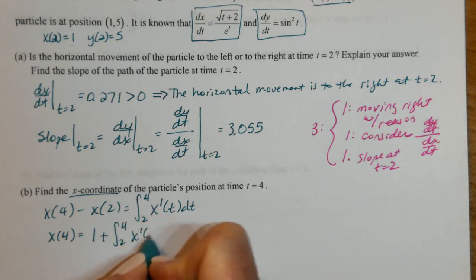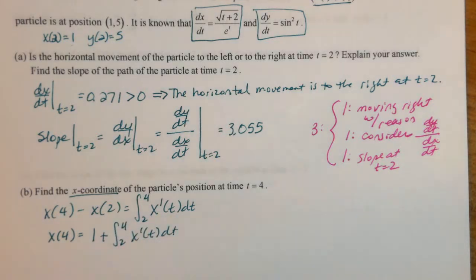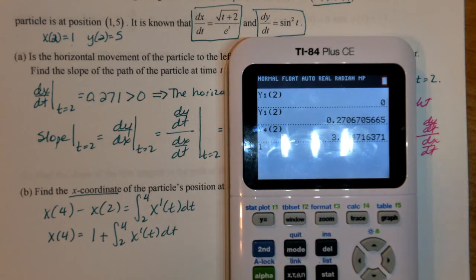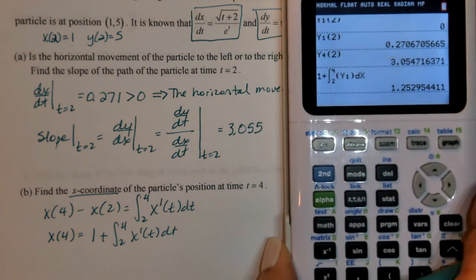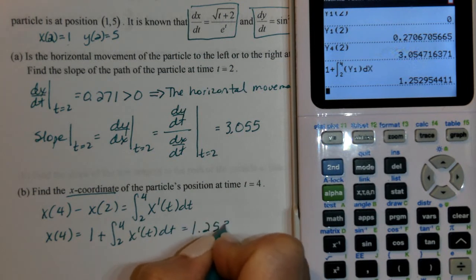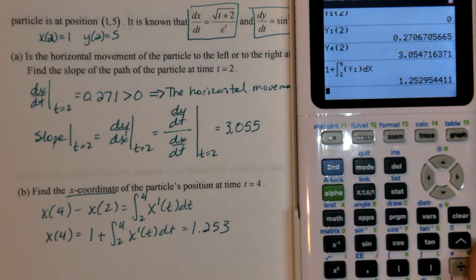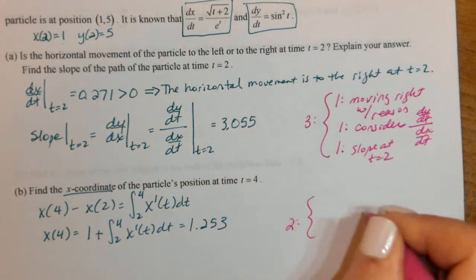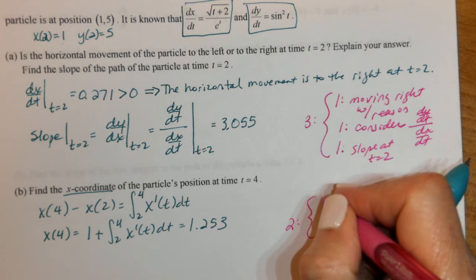And then the rest I can use my calculator for. So clear that out. 1 plus math 9, 2 to 4 of my y1. And I get 1.253. That part was worth 2 points: 1 point for the integral, 1 point for the answer.